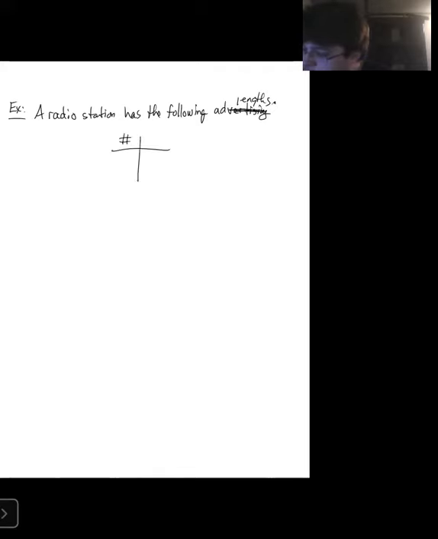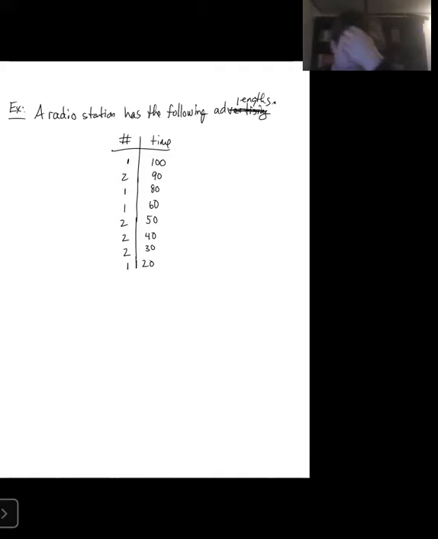Number and time. So it has a 100-second advertisement, two 90-second advertisements, one 80-second advertisement, one 60-second advertisement, two 50-second advertisements, two 40s, two 30s, and a 20-second advertisement.